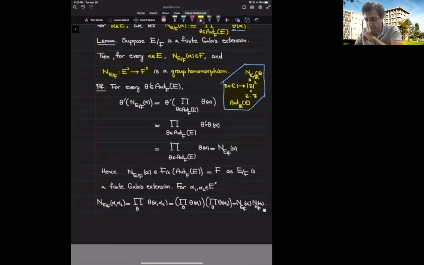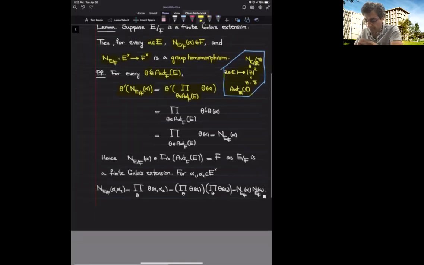So let's pick theta prime from the F-automorphisms of E, and let's apply this to the norm of alpha. The norm of alpha is the product of theta alphas as theta ranges over the elements of the F-automorphisms of E. Theta prime, being an automorphism, preserves multiplication.